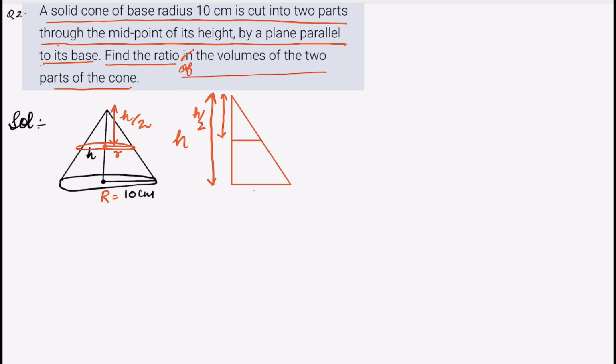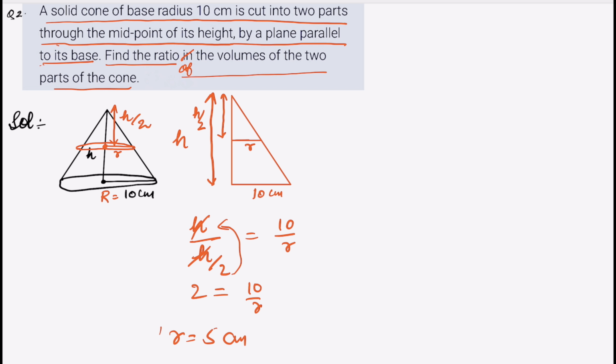As we know, this is 10 centimeter and this is r. So using BPT we can say that h upon h by 2 will be equal to 10 upon r. From here, the 2 will go in the numerator and h will cut h, so 2 equals 10 by r. So r will be equal to 5 centimeter. So the radius of the upper part of the cone is 5 centimeter.